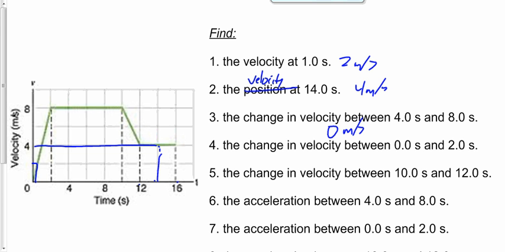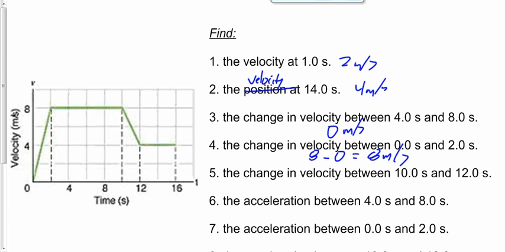The change in velocity between 0 and 2 seconds. This is 2 seconds. Between 0 and 2 seconds looks to be 8 minus 0, final minus initial. 10 and 12 seconds. Here we're going from, looks like at 10 seconds, we're at 8 meters per second, 12, we're at 4.